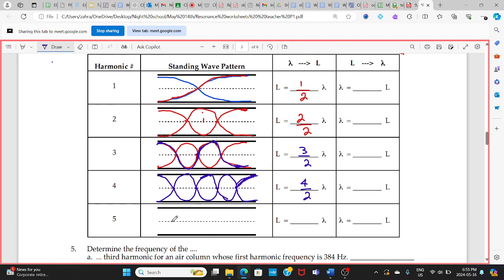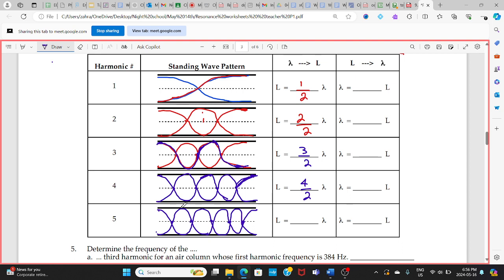One, two, three, four. Next one I need to have 5. 1, 2, 3, 4, 5. Okay. How many wavelength?